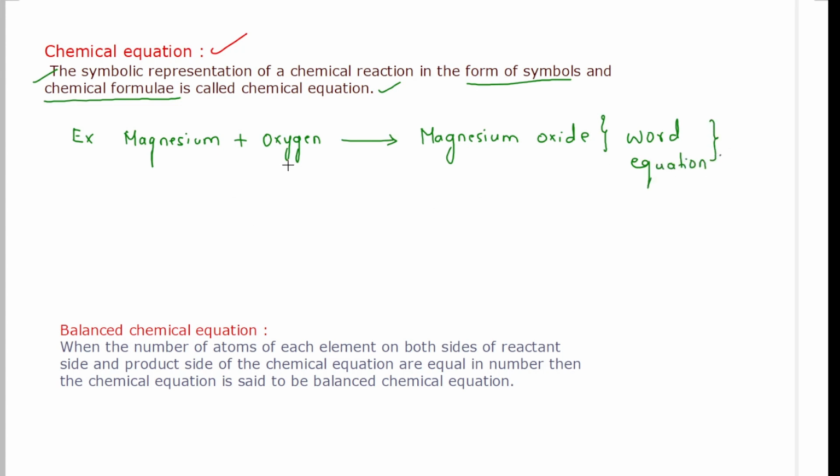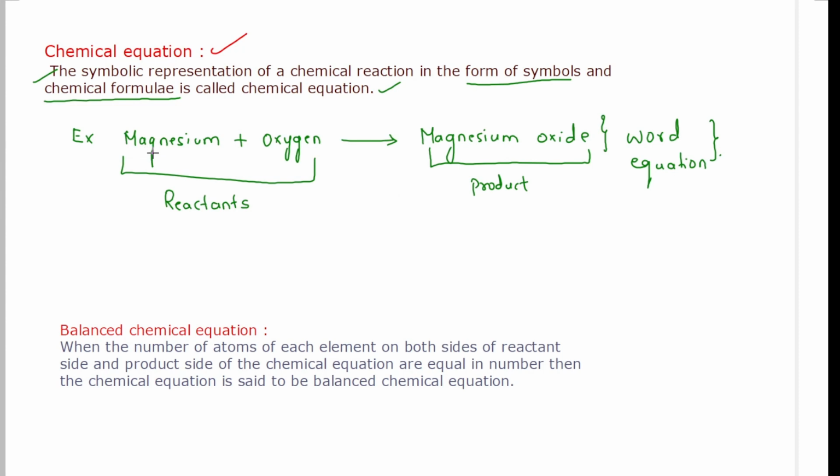We have represented the chemical reaction by using the names of the elements or compounds here. These are called reactants because they are taking part in the reaction. And this is called the product because this is the new substance formed during a reaction.